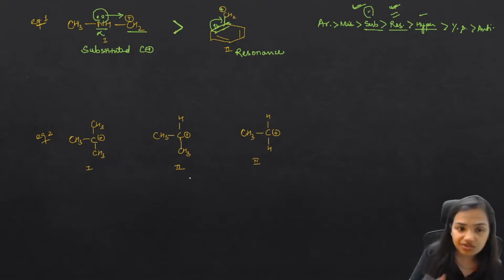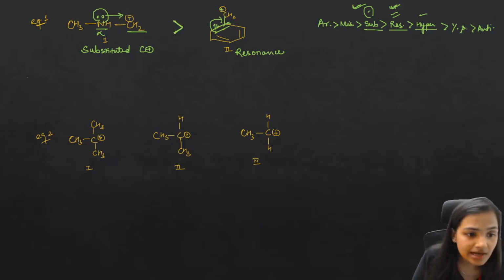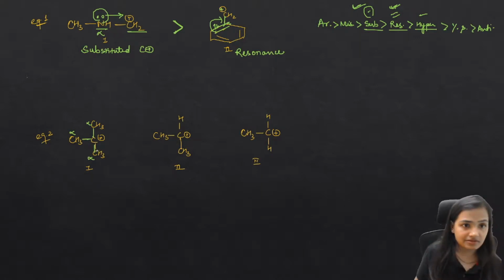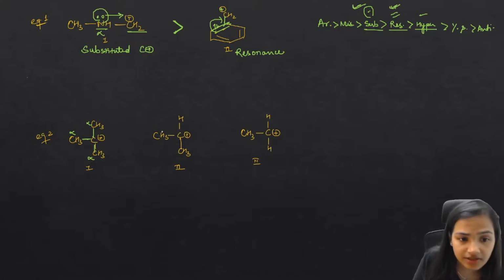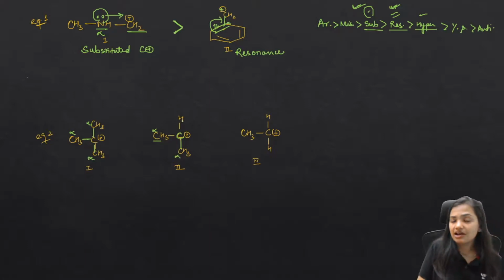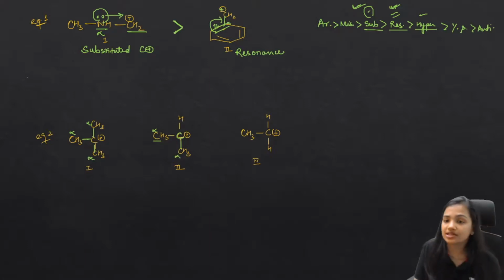In question number 2, we have carbocations, and here this is the alpha position, alpha position, alpha position. There are 3 alphas. Guys, this hydrogen is directly on the carbocation itself, so this will not be considered as alpha. Because it is bonded to this carbon directly, this is not an alpha position.